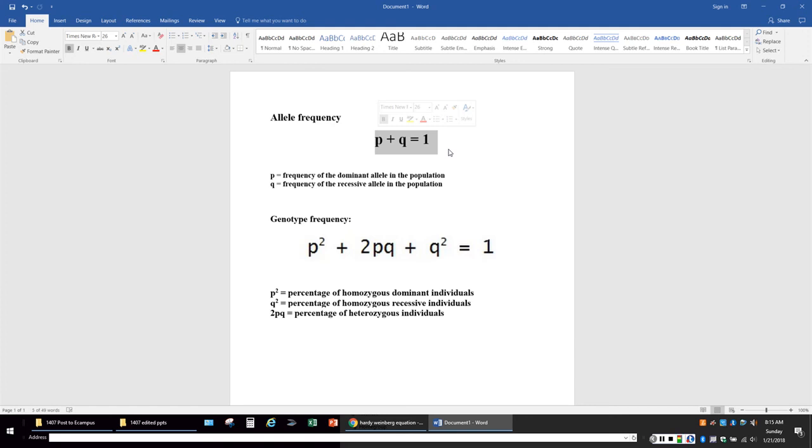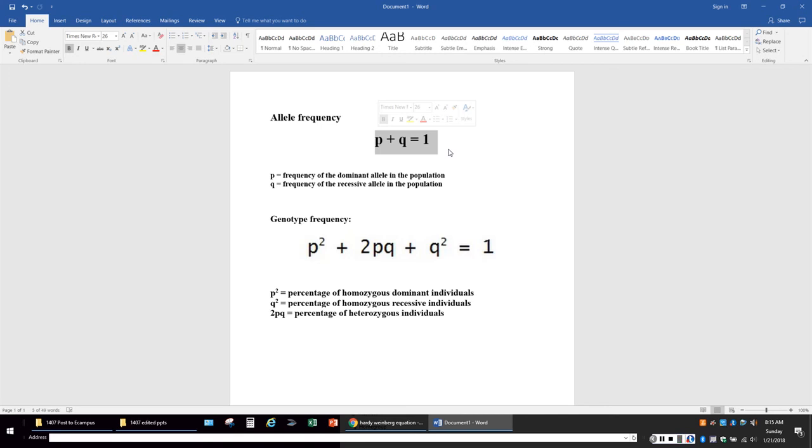And 2pq is 2 times 0.4 times 0.6. We know from the problem that q squared was 0.36 already, and the allele frequency was 0.6 because that's the square root of 0.36.